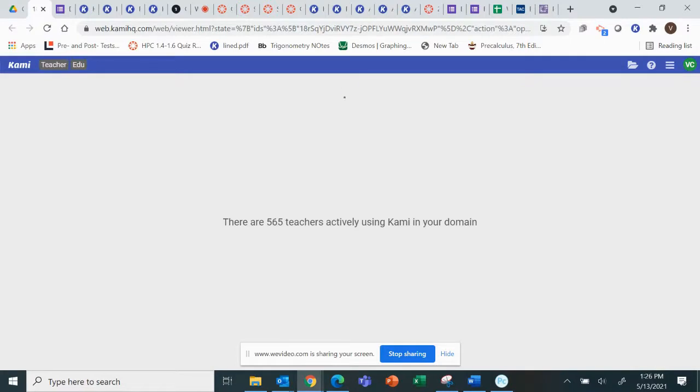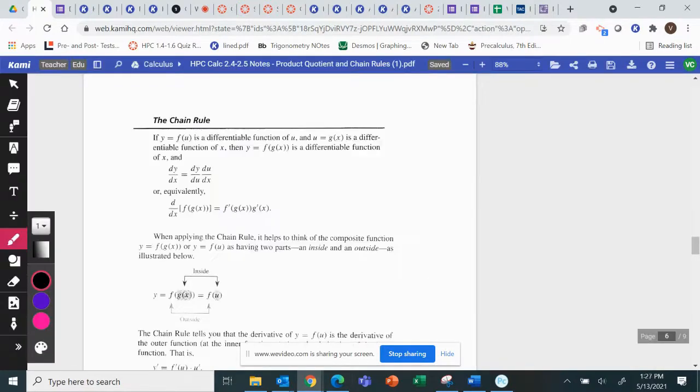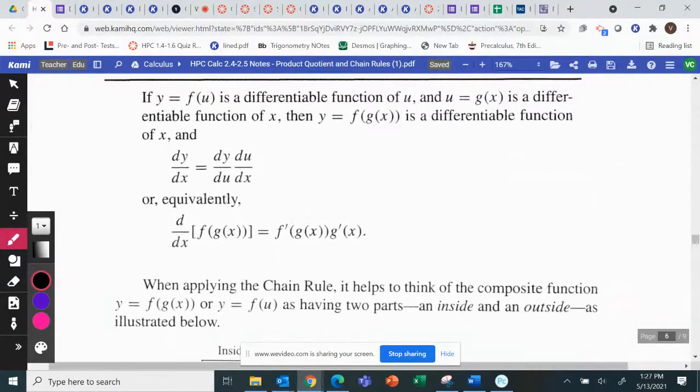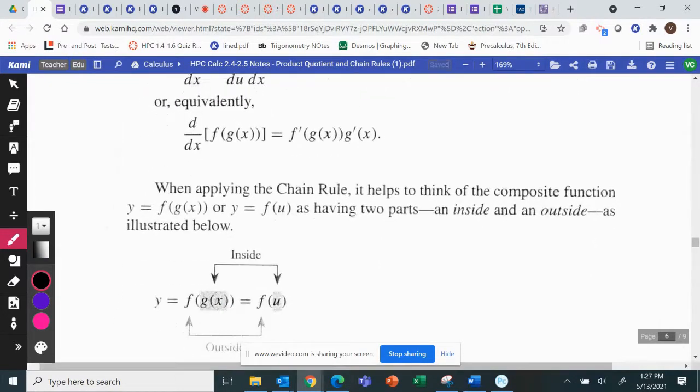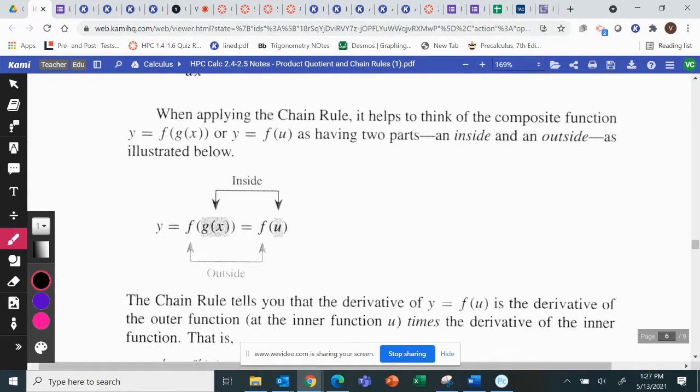So the chain rule occurs in certain places. Looking at just the symbols might be confusing, so I'm going to explain the chain rule by looking at equations, not the symbols. The chain rule has two parts. It has to do with f of g of x.